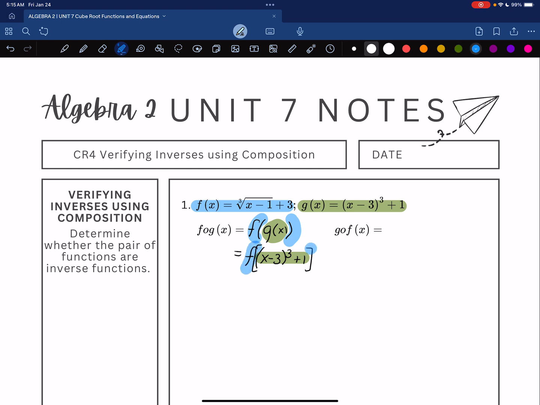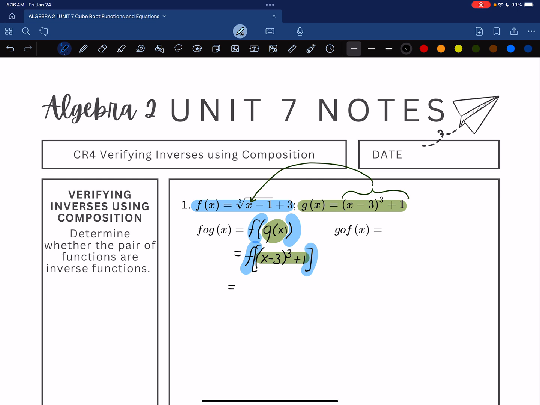It's going to be the input of f. So what that looks like here is I'm going to take this rule and plug it inside of my f function right there. Instead of just taking f of x, I'm going to take f of this entire rule. Here's what that ends up looking like.